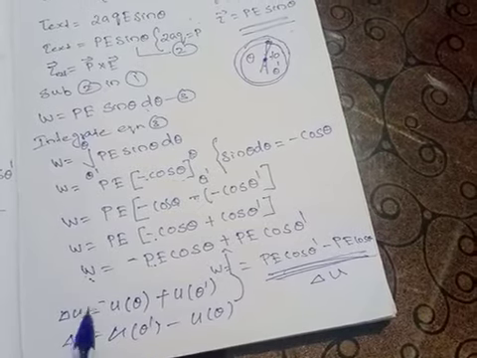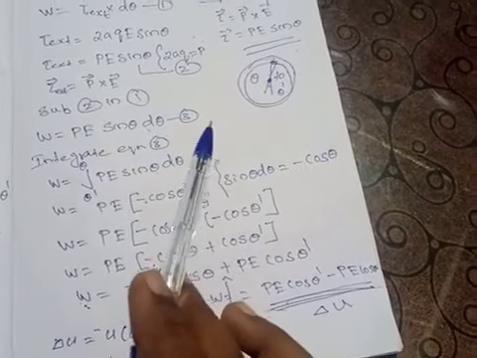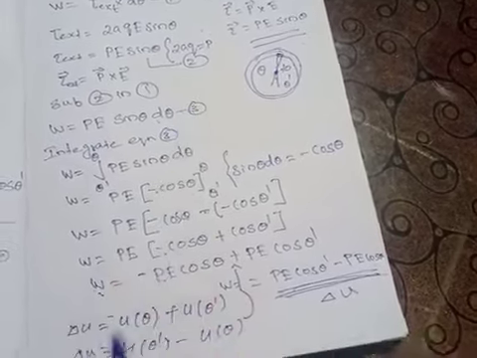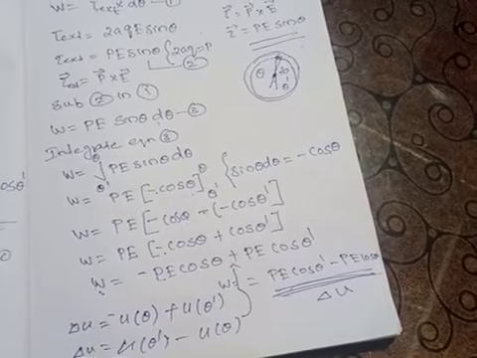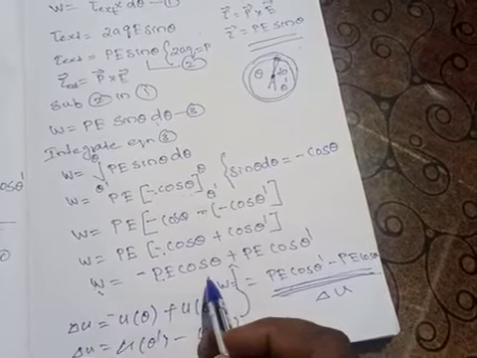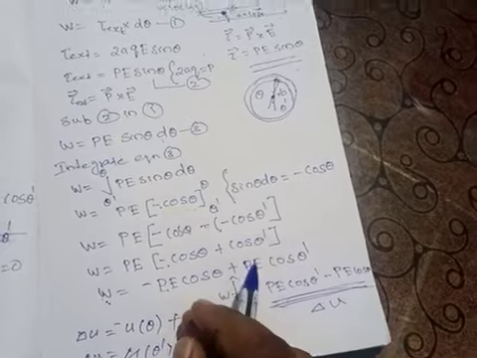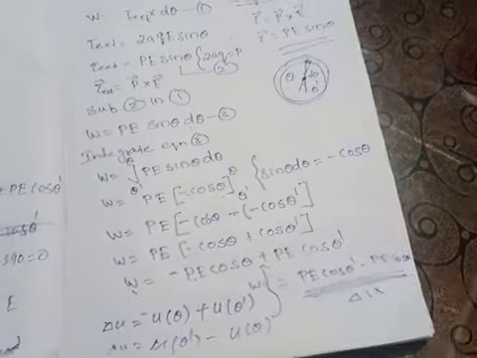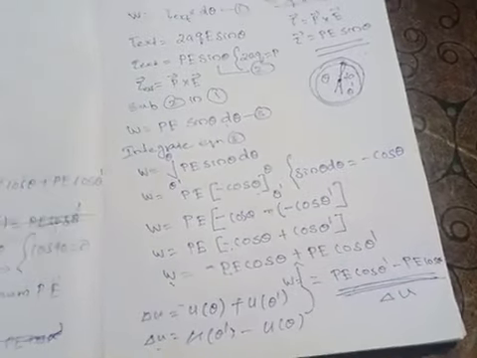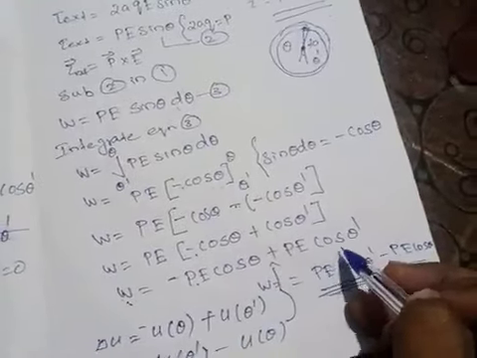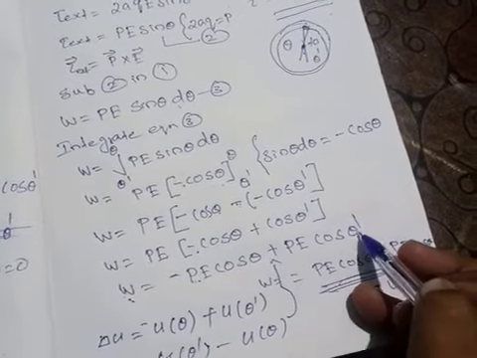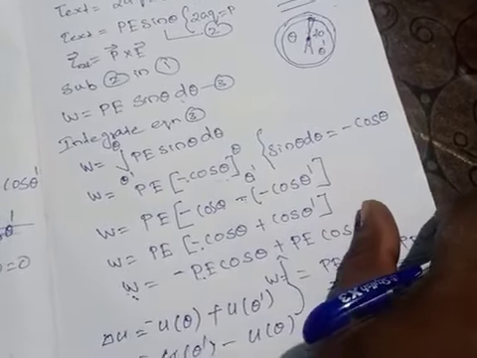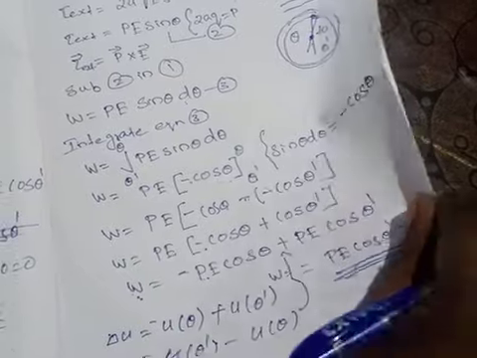When we keep a dipole in a uniform electric field, the potential energy U is equal to minus PE cos theta plus PE cos theta dash. So we got this equation, and now we have the electrostatic potential energy.